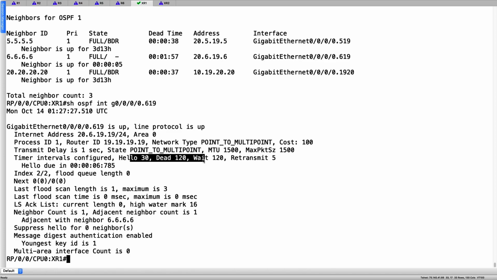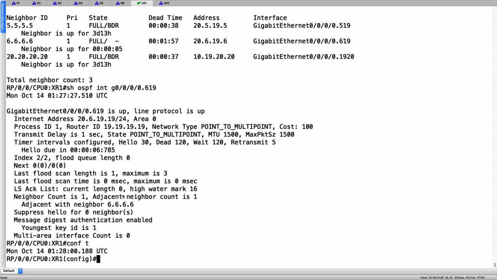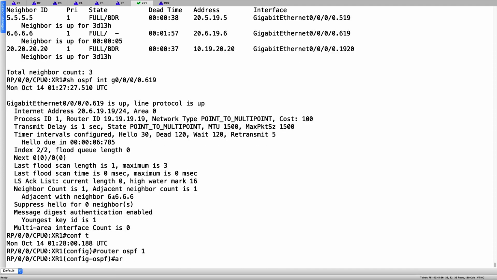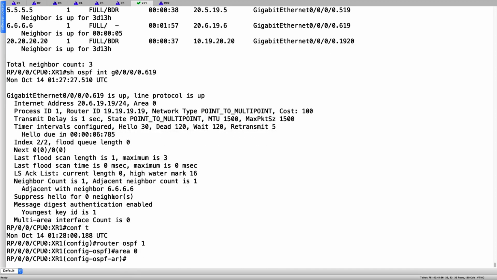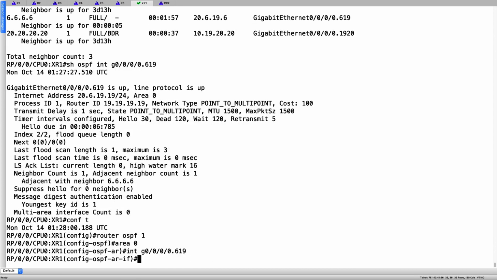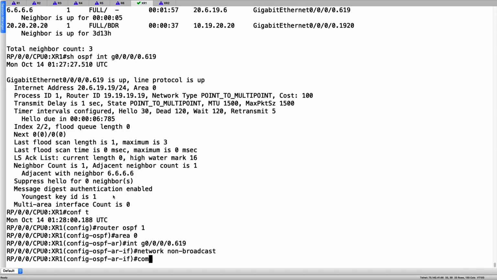Let's just try with non-broadcast. I'm going to go back to XR1 under router OSPF1, area 0, and then interface would be 619 and network would be non-broadcast. Let's do a commit.